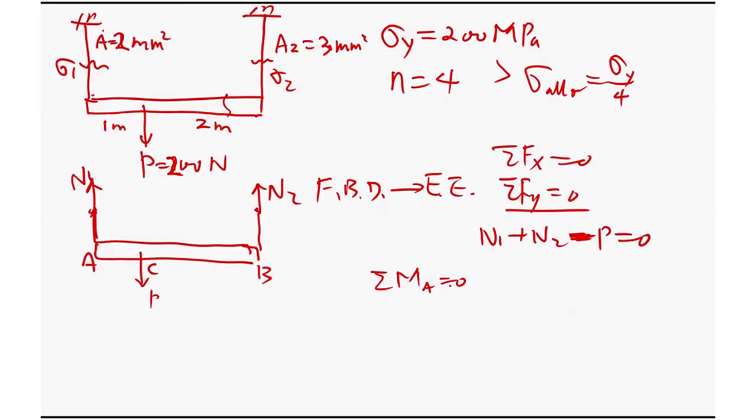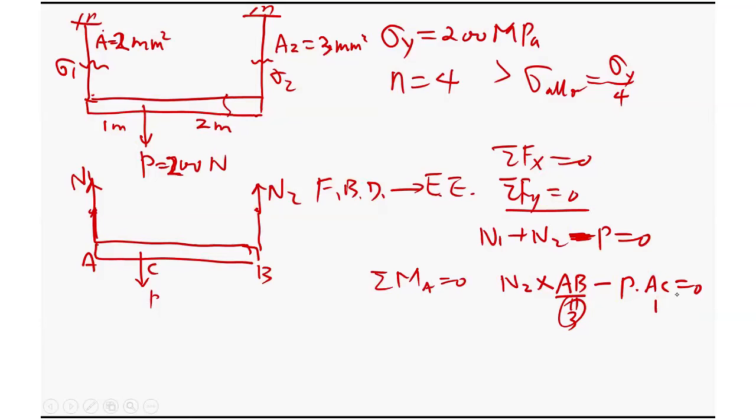Okay, now translate it. To point A, what's the moment? N2 times 3. That's the AB part, right? This equals 3. And then minus P times the AC part, and that is 1, right?